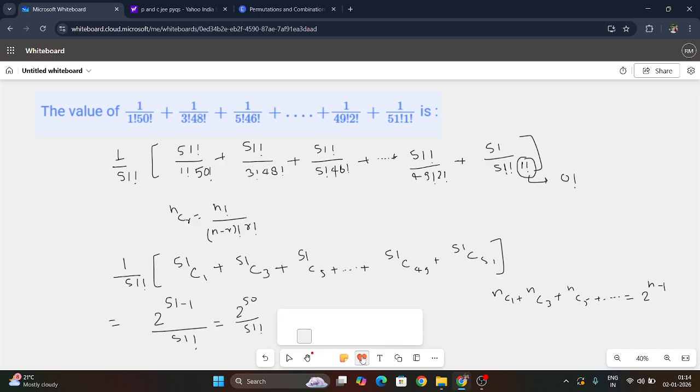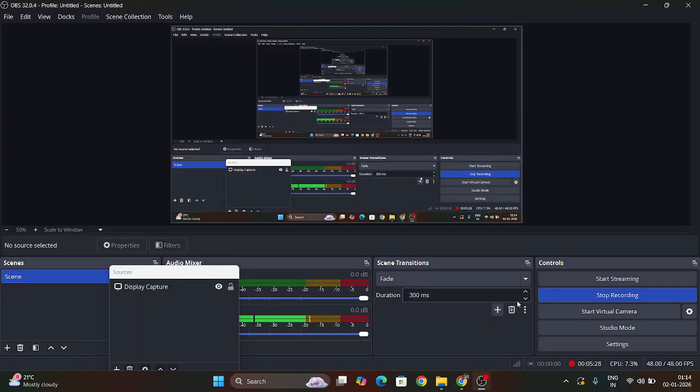So this is going to be our final answer. Always keep this in your mind. So 2 power 50 by 51 factorial is our final answer. If you have any problem you can ask me.